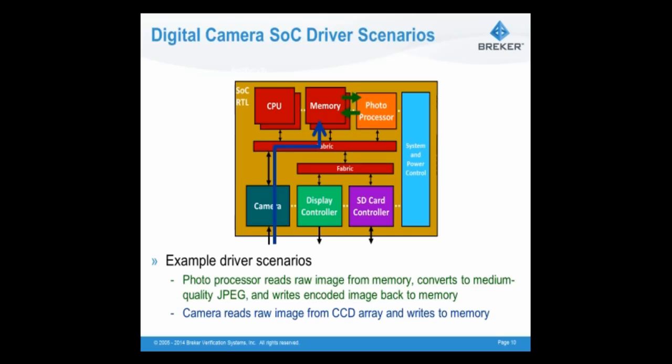So what might be some driver-level scenarios? As an example, let's consider a digital camera subsystem. We might have one scenario that has to do with a camera taking pictures. It might be able to do this in multiple modes. We might have another scenario for how a photo processor takes the output of the camera and processes it in various modes.